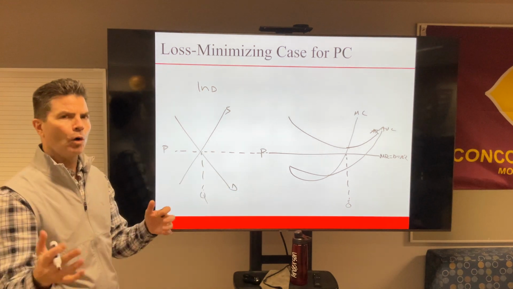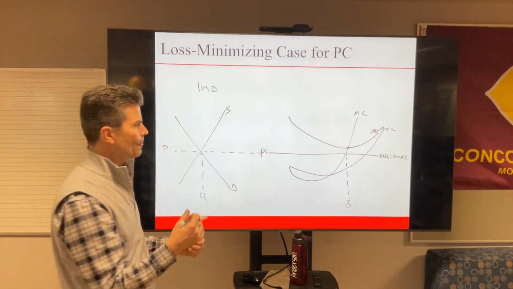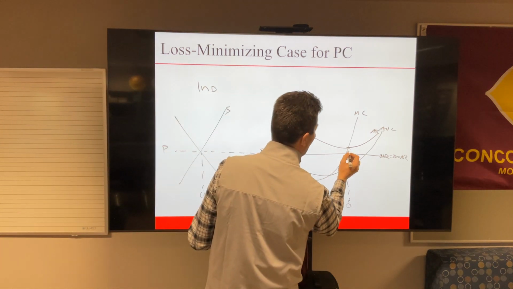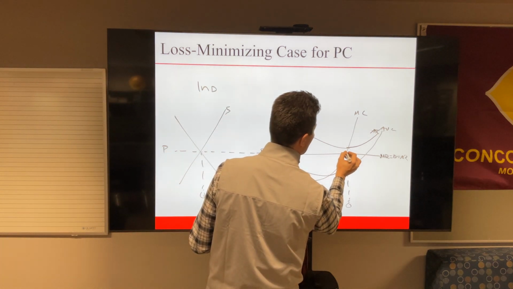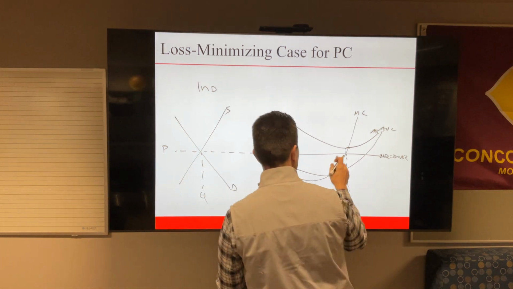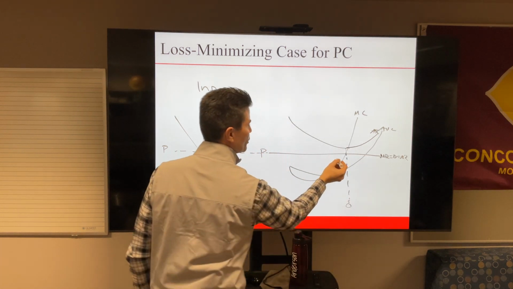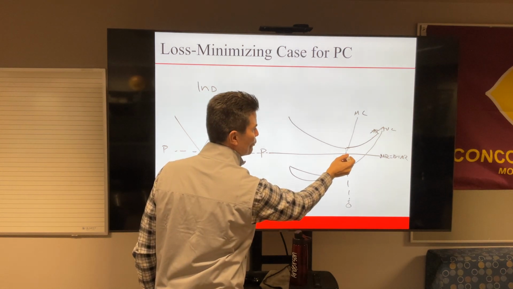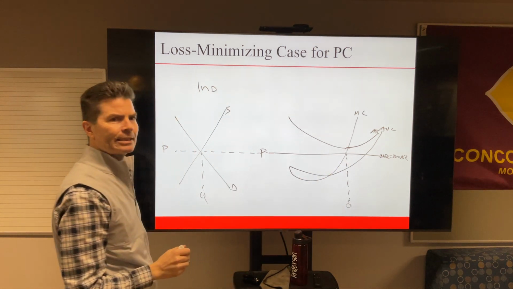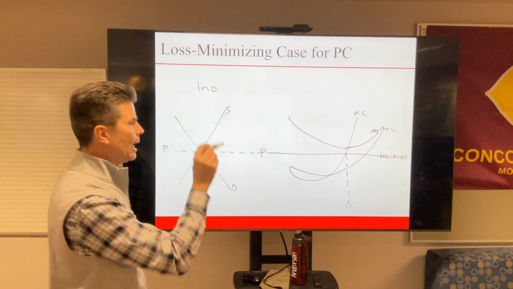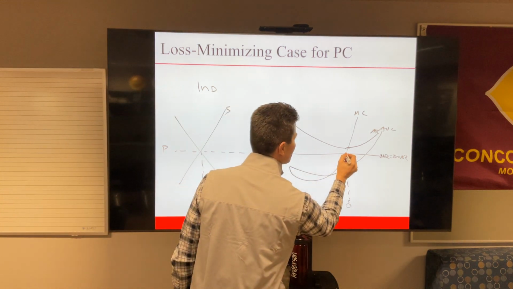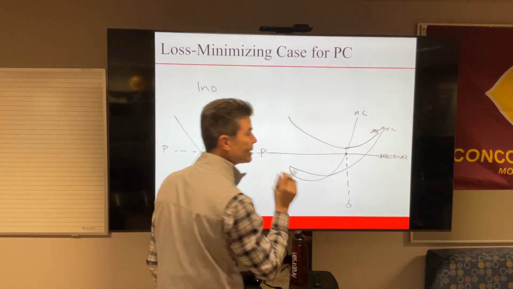And now I have to show what it looks like if I'm losing money. If I'm losing money, I have to go straight up here. Look at the difference between, at the optimal quantity, where the price line is to your ATC. You go straight up. Here's one dot, here's the ATC.